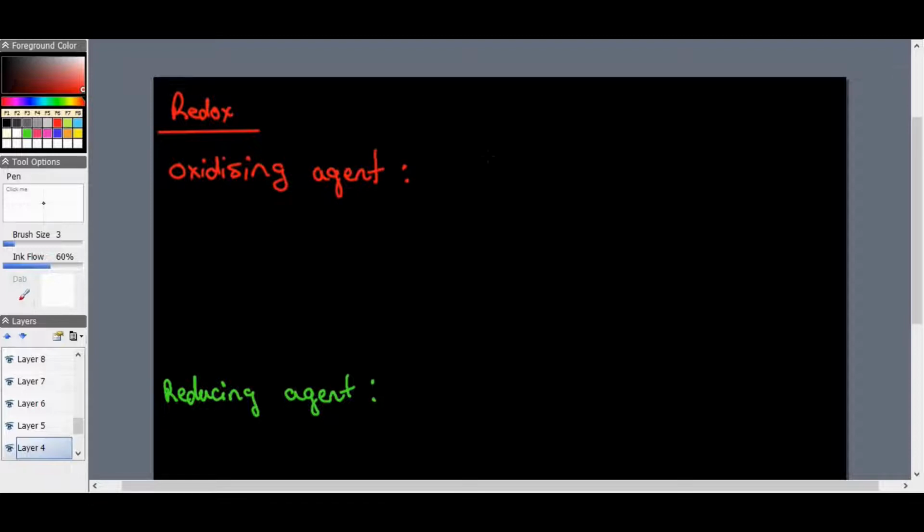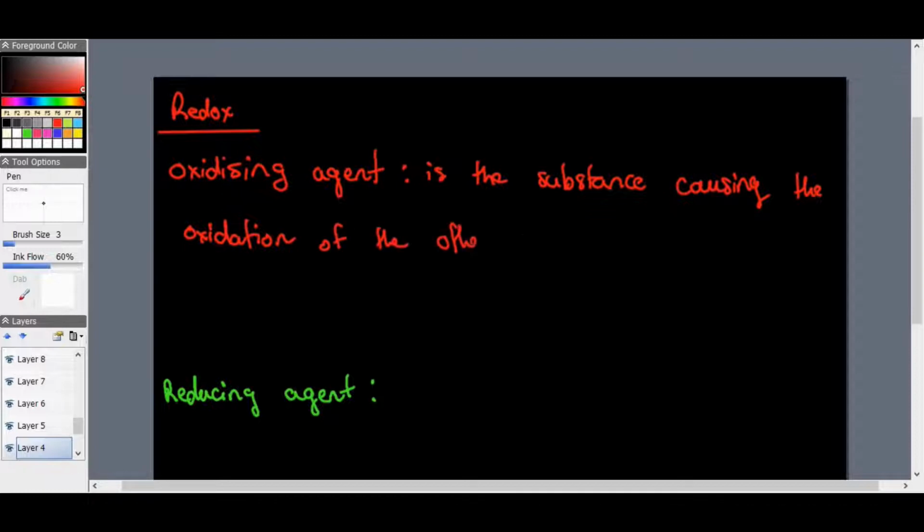The oxidizing agent, first of all, the definition is: it is the substance causing the oxidation of the other substance and is itself reduced.